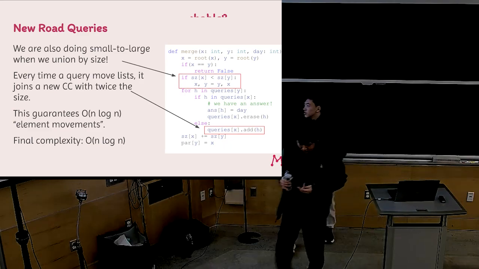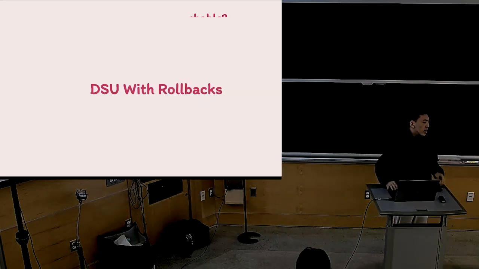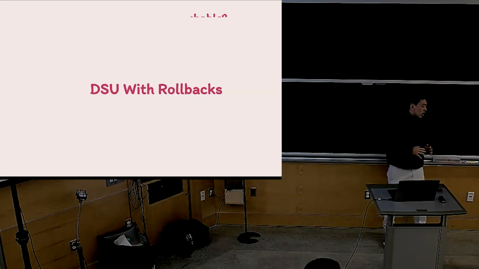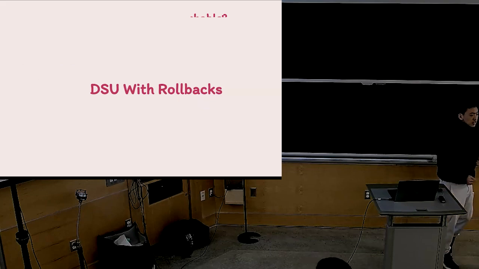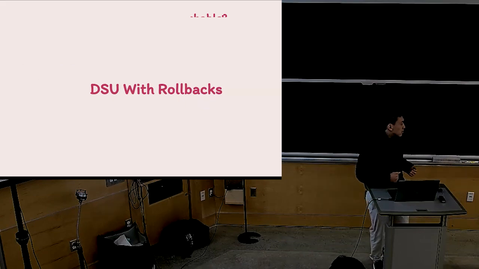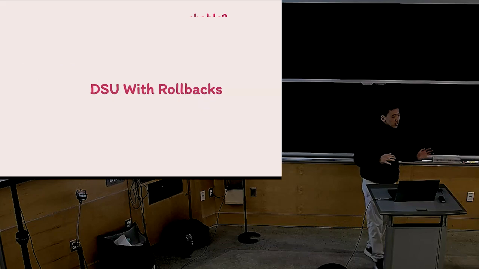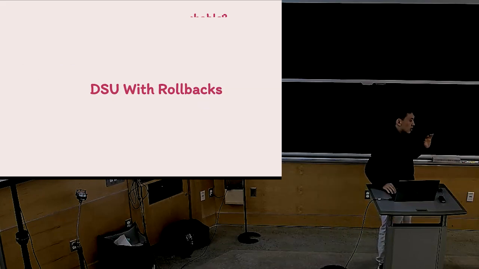Okay, so we've seen how we can use DSU to solve problems where perhaps we have a bunch of insertions, but our queries might be a little bit harder to figure out. Here, I'm going to talk about a technique where we can actually delete edges from our graph.